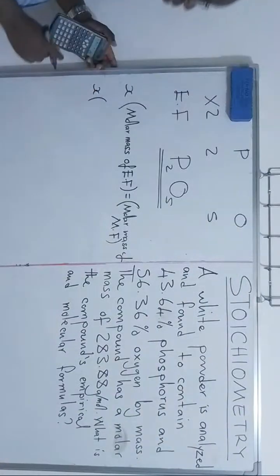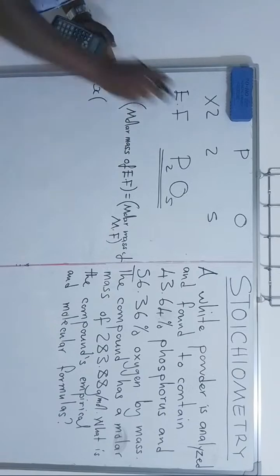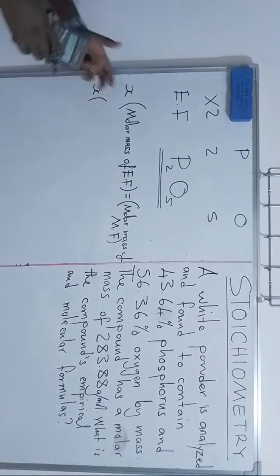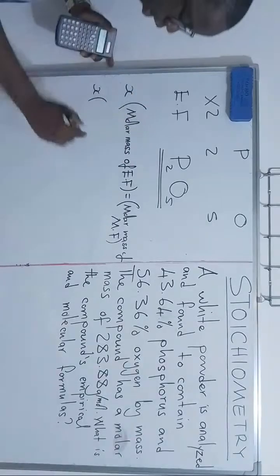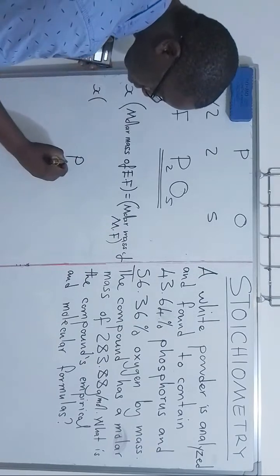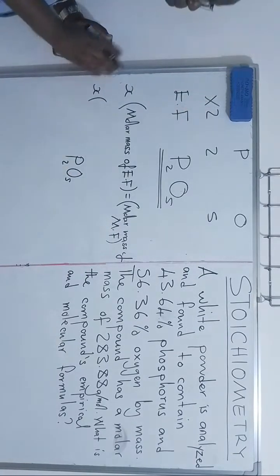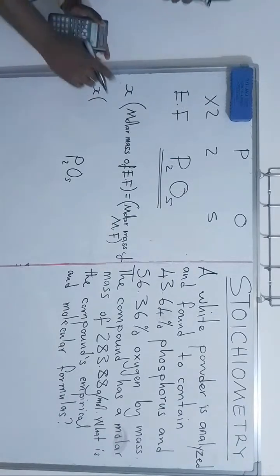So we are saying X multiplied by the molar mass of the empirical formula. The empirical formula that we have is this one. We need to get the molar mass of this empirical formula.